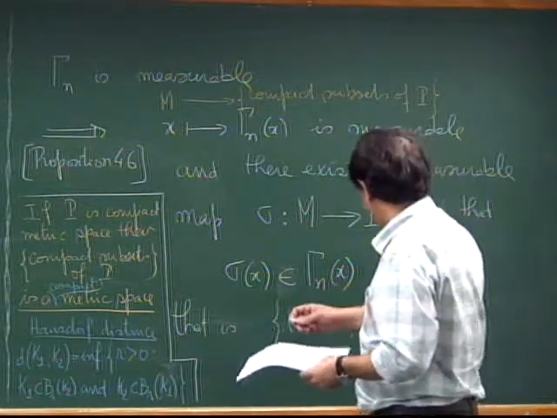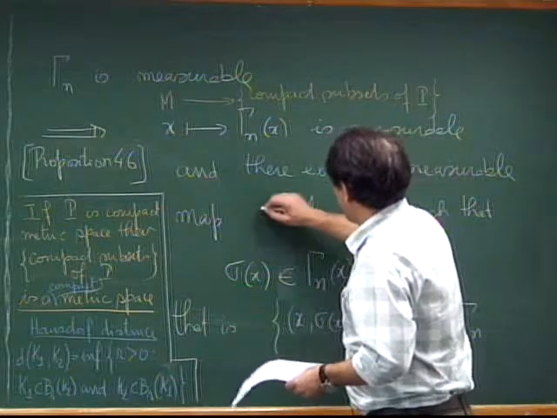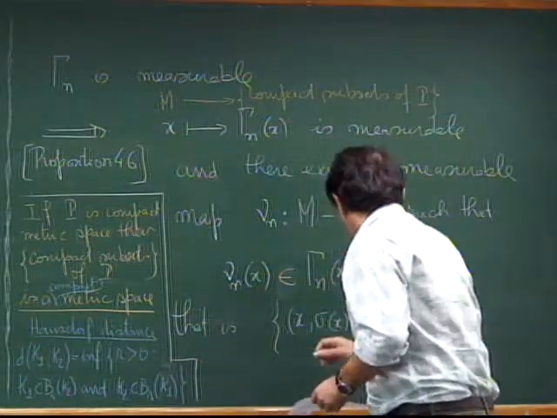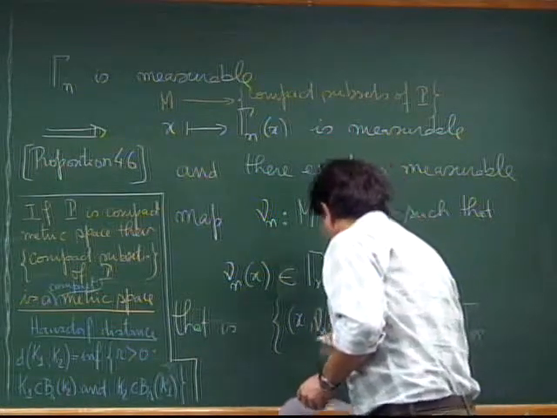So I'm going to fix the notation. Let's call this nu n. That's the notation in the book. Nu n, and here also nu n. Of course, it depends on n.